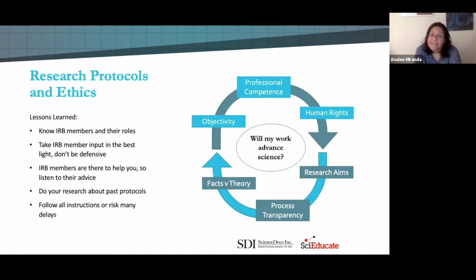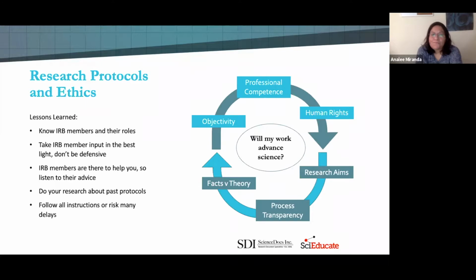There could be a statistician in the actual IRB board, but they're not required by the FDA. So if you do have an IRB statistician in the board, that's great. But if you don't, then it's going to take a lot for you to convince some of the IRB board members to see if your study is going to kind of pass the test.